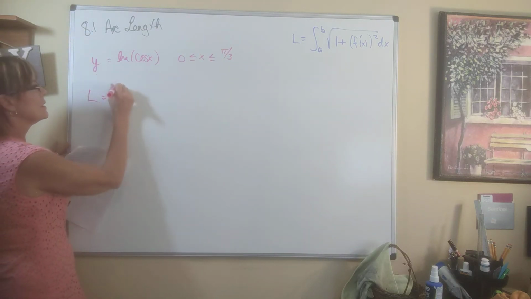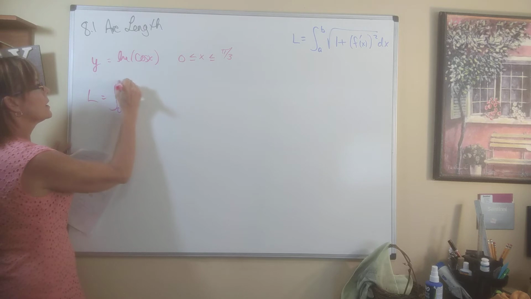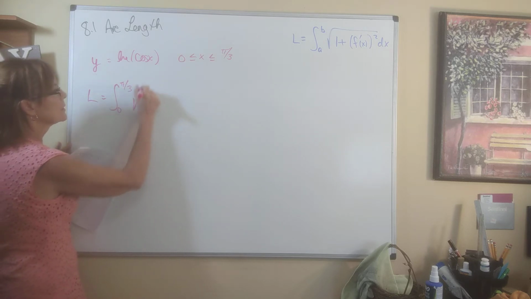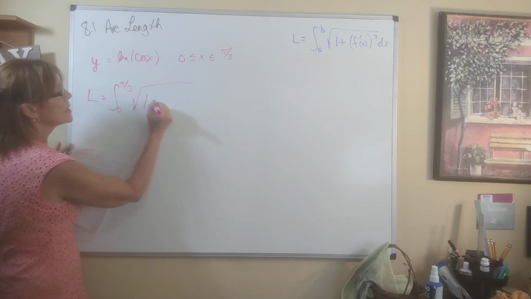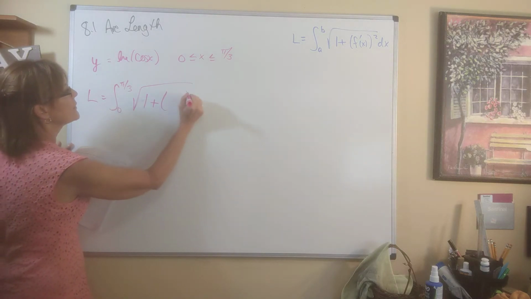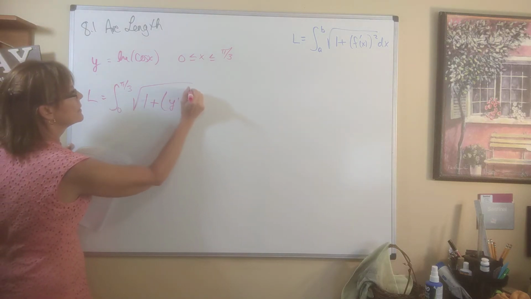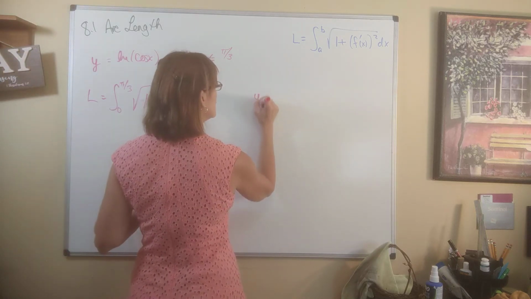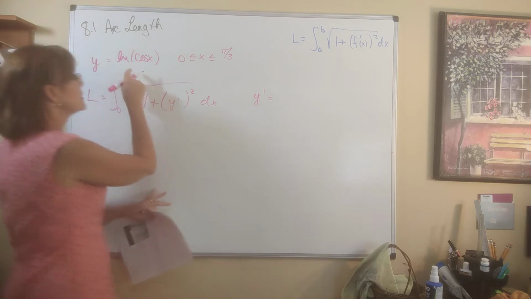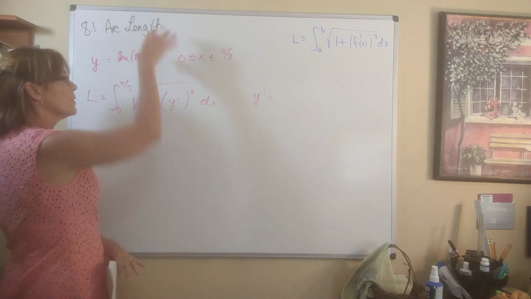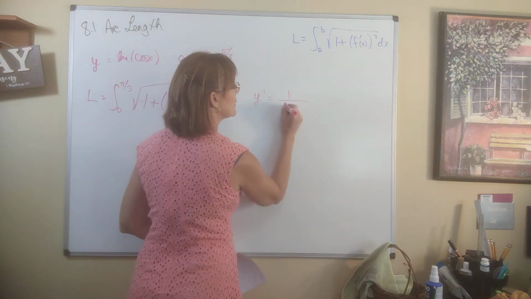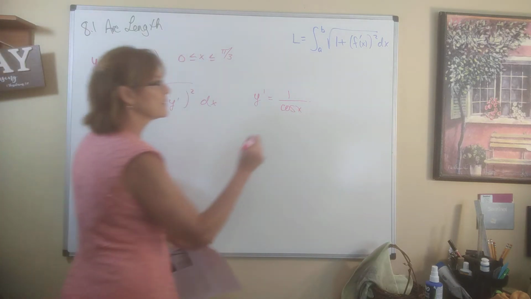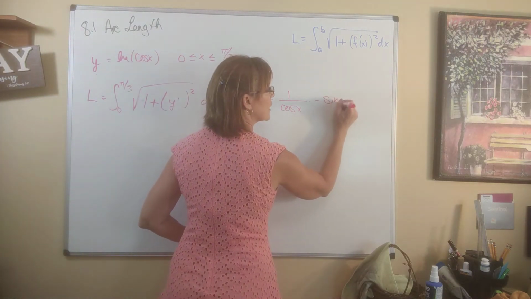The length is equal to the integral from 0 to pi over 3 of the square root of 1 plus the derivative of y, squared. All right. So if this is y, y prime is the derivative of the natural log of cosine, which is 1 over the cosine times the derivative of cosine, which is negative sine x, because this is chain rule, right?